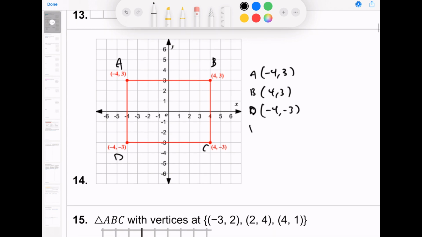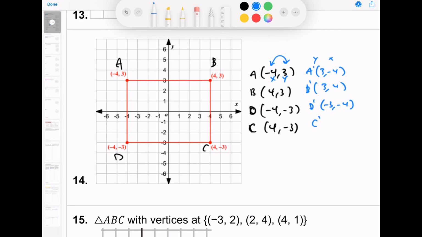That should be D, C. All right, to take the inverse, I'm just going to switch the x's and y's. And now over here, the old y's will now become the new x's. So A prime, B prime, switch them. D prime, and C prime.